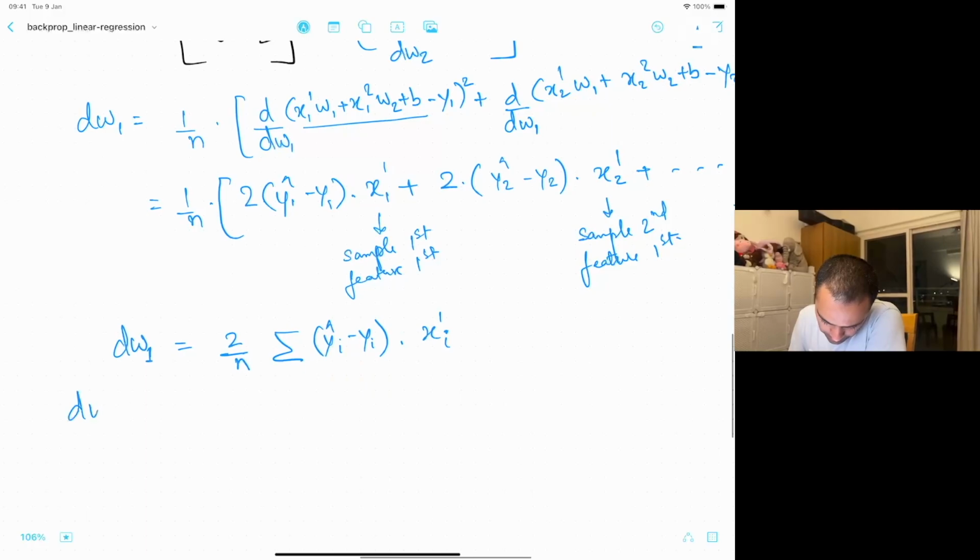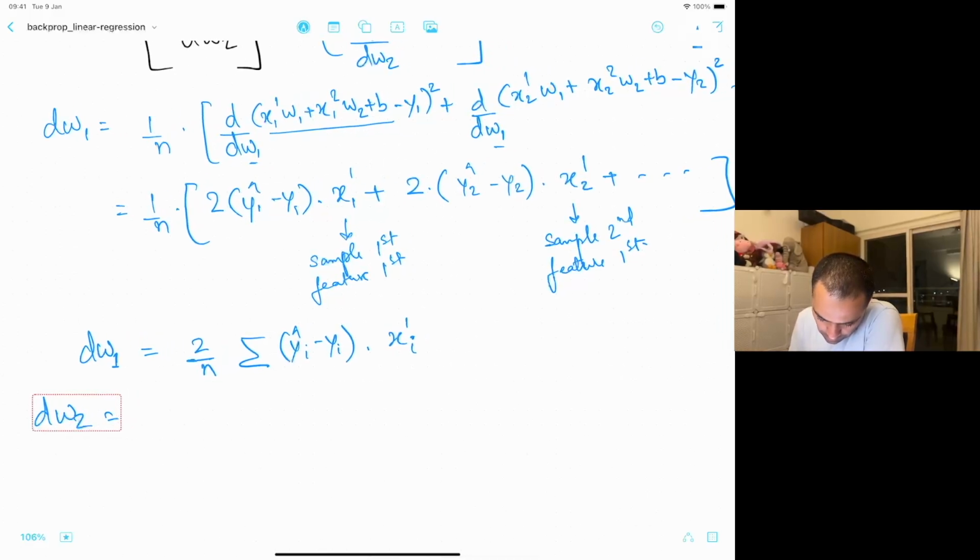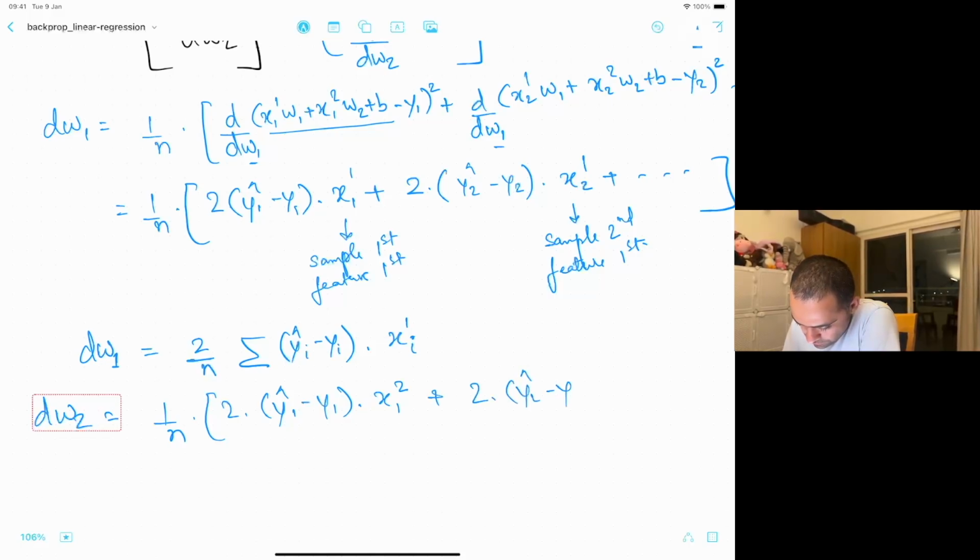Now similarly dw2, if we calculate, it would be nothing but d over dw2 on these places. So this will come out to be 1 over n, 2 times y1 hat minus y1 times x12, plus 2 times y2 hat minus y2 times x22, and so on.